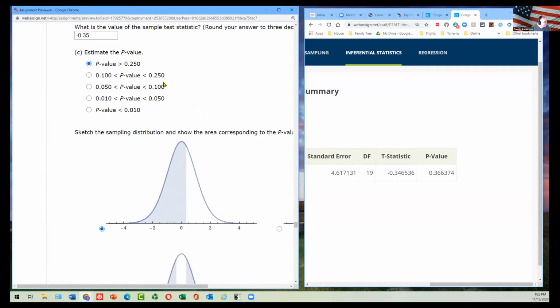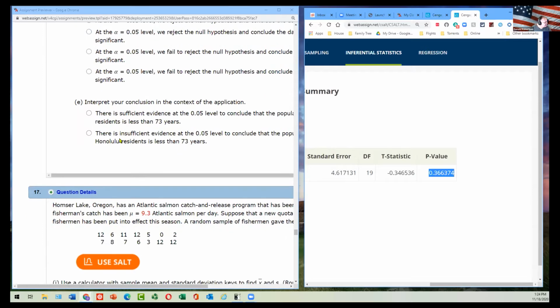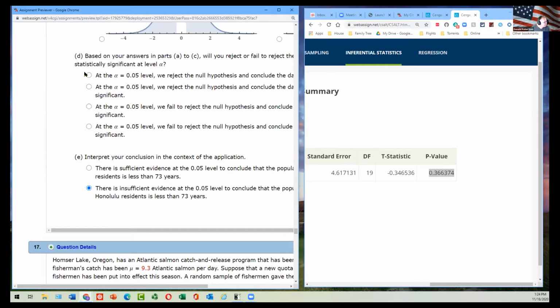Okay, is this p-value less than 0.05? Definitely not, right? And that means it's not statistically significant. Insufficient evidence. Dot 1, 2, 3, or 4. Which one of those do we use in the context of this question?